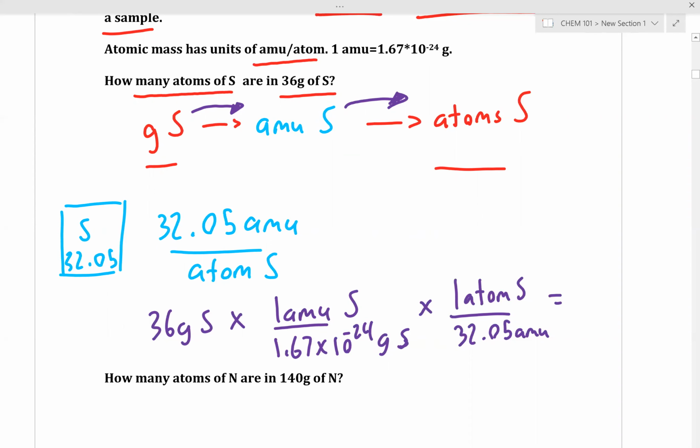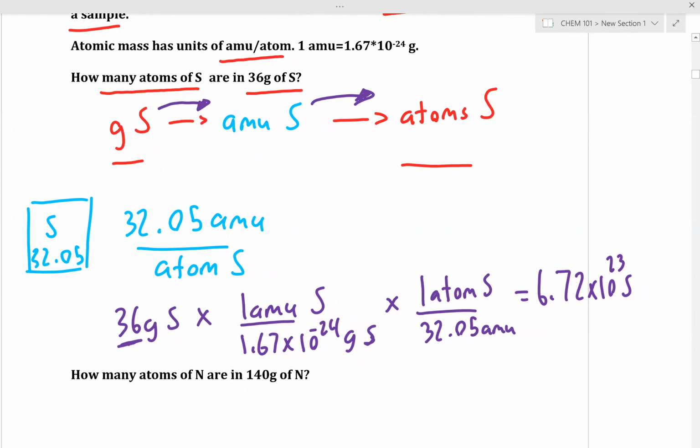So we have 6.72 times 10 to the 23rd sulfur, and let me be 100% clear here, these are sulfur atoms. Looking at my initial input, how many sig figs does my initial input have? 2. So how many sig figs should my output have? 2.